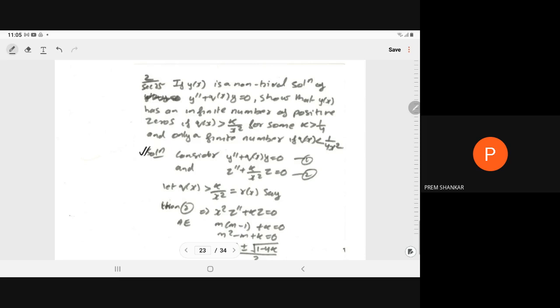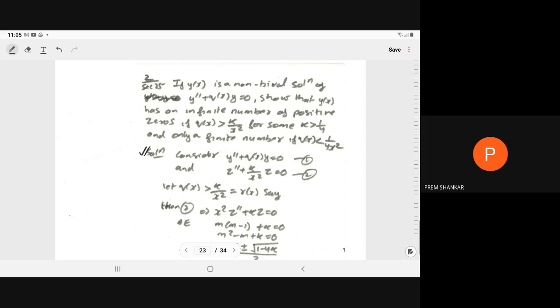So here consider the given equation: y double dash plus q(x) y is equal to 0. Now for the comparison we are taking another equation, z double dash plus k upon x square z is equal to 0, to apply the Sturm comparison theorem.